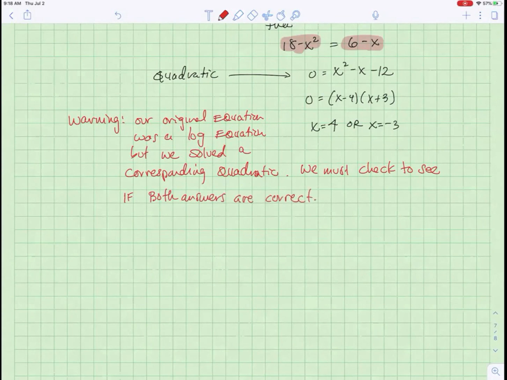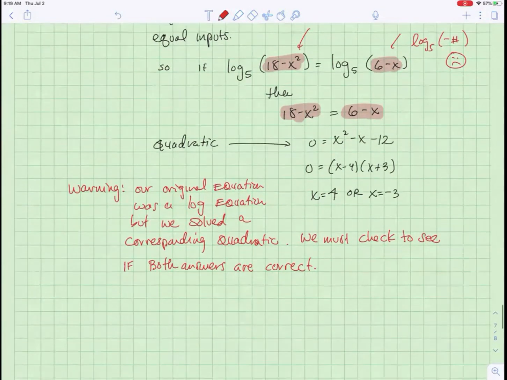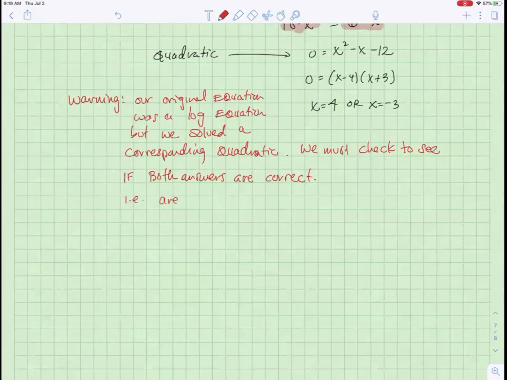And the reason being here is this. A quadratic like we have here, x equals 4 and x equals -3, both perfectly viable solutions. But suppose we take x equals 4 or x equals -3, plug them back in for x, and we end up with log base 5 of a negative number. That would be undefined, and that would be what's called an extraneous or erroneous solution. So we need to be careful and make sure, that is, are x equals 4 and -3 in the domain of each log.